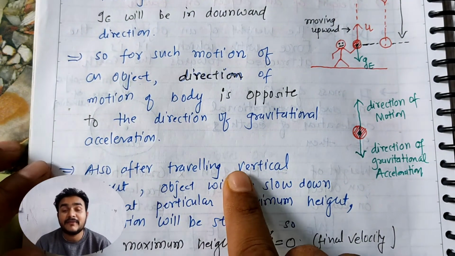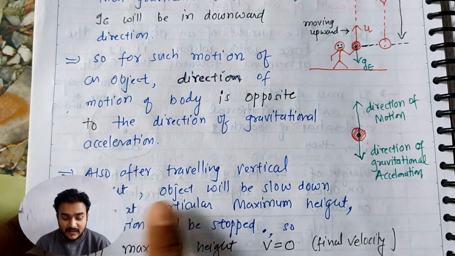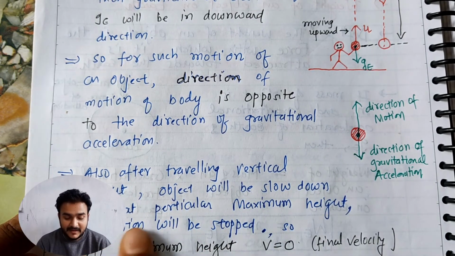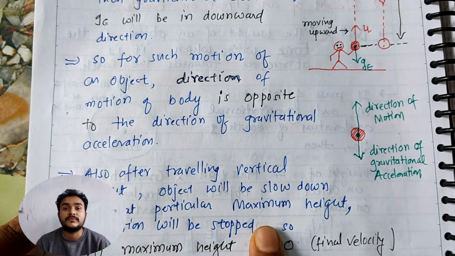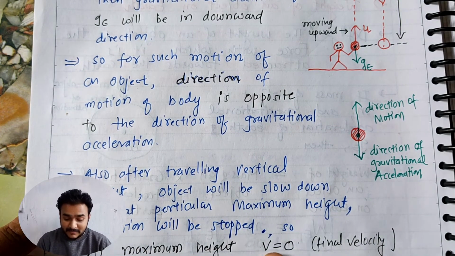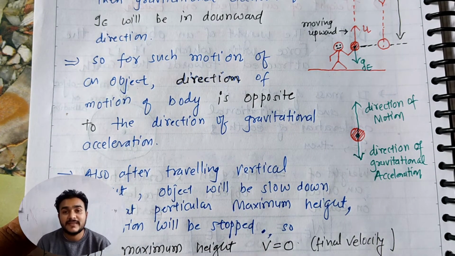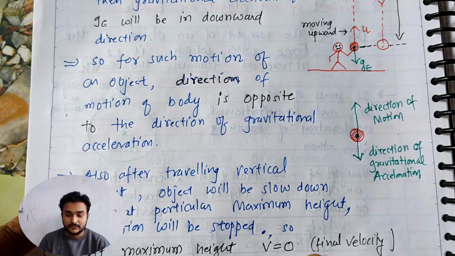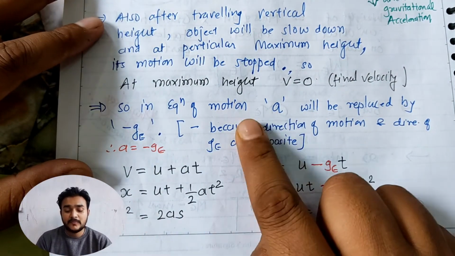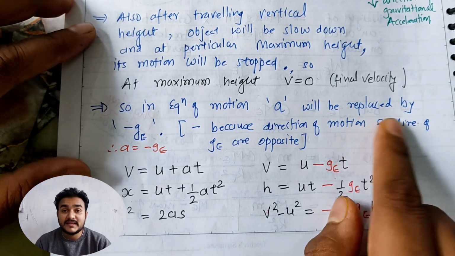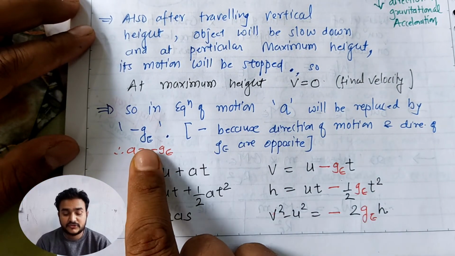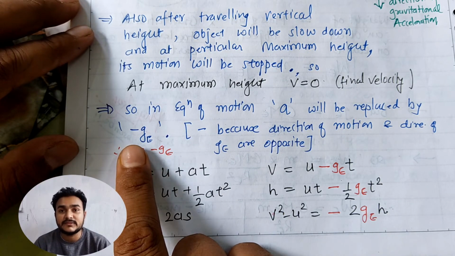After traveling some vertical height, the object will be slowed down, and at a particular maximum height its motion will stop. So at the maximum height, the final velocity will be equal to 0. In the equation of motion, the acceleration a will be replaced by the gravitational acceleration g, but with the negative sign.